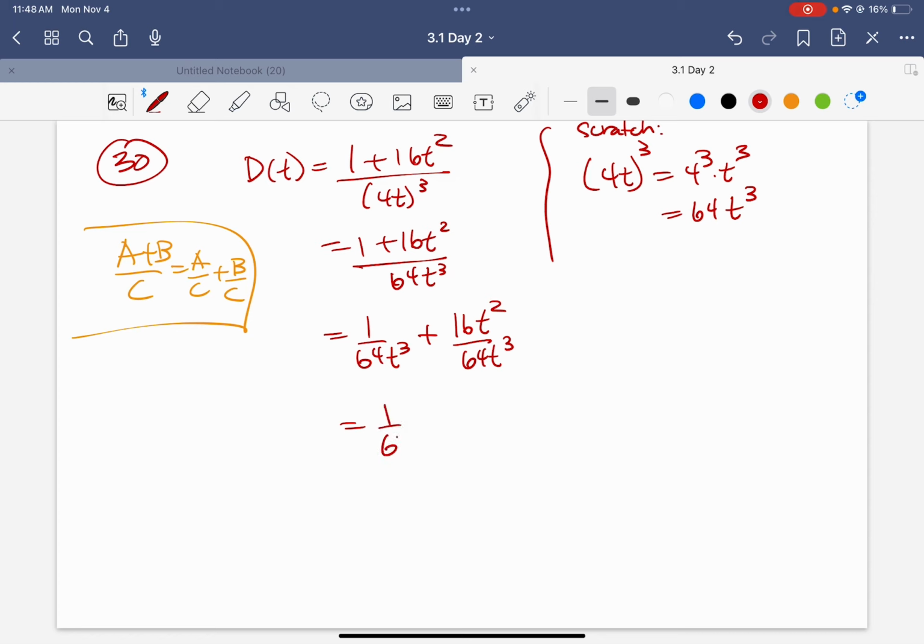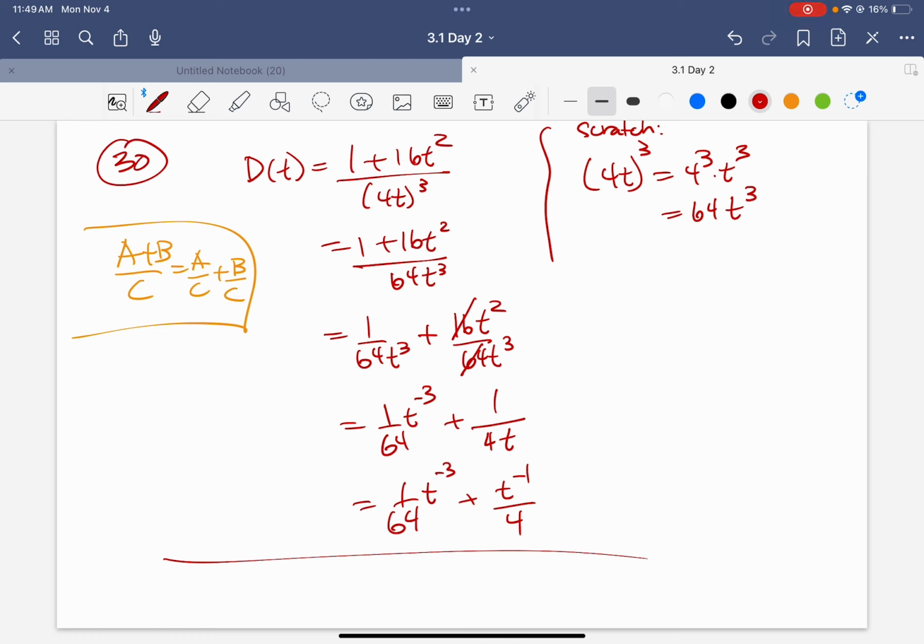So that's going to be 1 over 64 t to the negative 3rd plus, I'm going to cancel those out. That's going to leave a 4t on the bottom. So that's really 1/64 t to the negative 3rd plus t to the negative 1st over 4. All I've done so far is change the form.